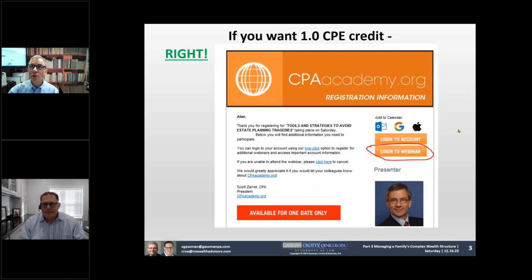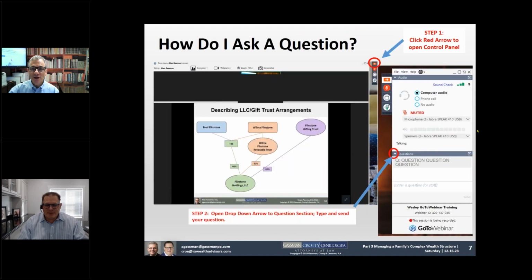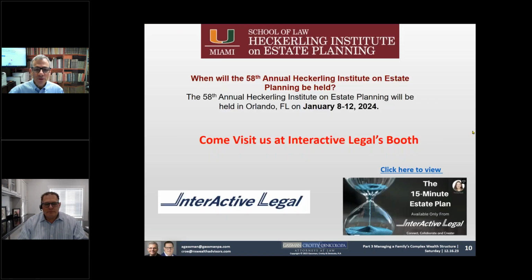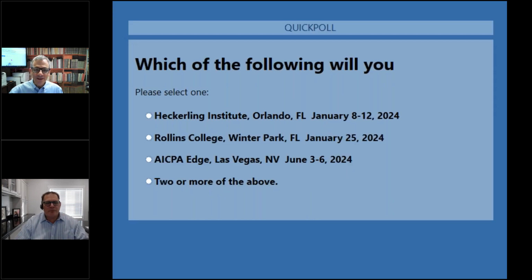I'm going to do the first polling question right now, just to get it out of the way. Joe, are you ready for the first polling question? Come see us at the Heckerling Institute on January 8th for that week in Orlando. The polling question is this: which of the following will you attend? A, the Heckerling Institute on Estate Planning in Orlando, January 8th through the 12th.